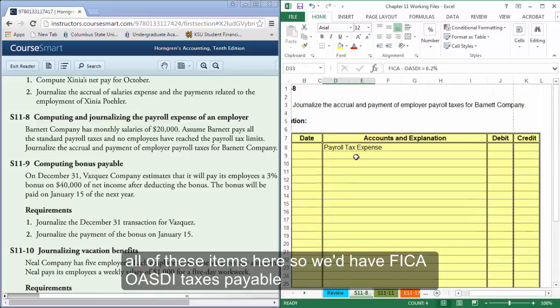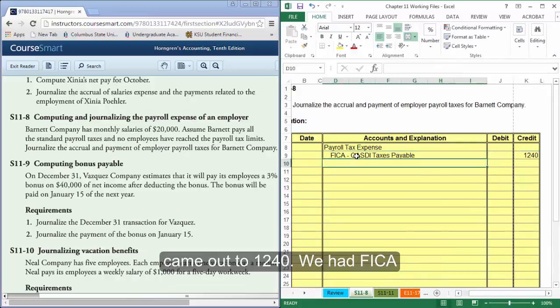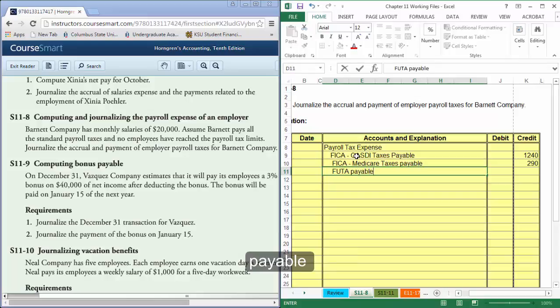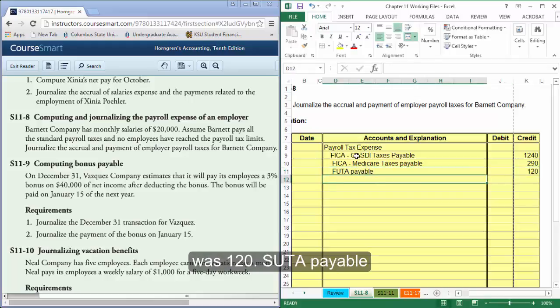So we'd have FICA OASDI taxes payable, which came out to $1,240. We had FICA Medicare taxes payable, which was $290. The FUTA payable was $120.